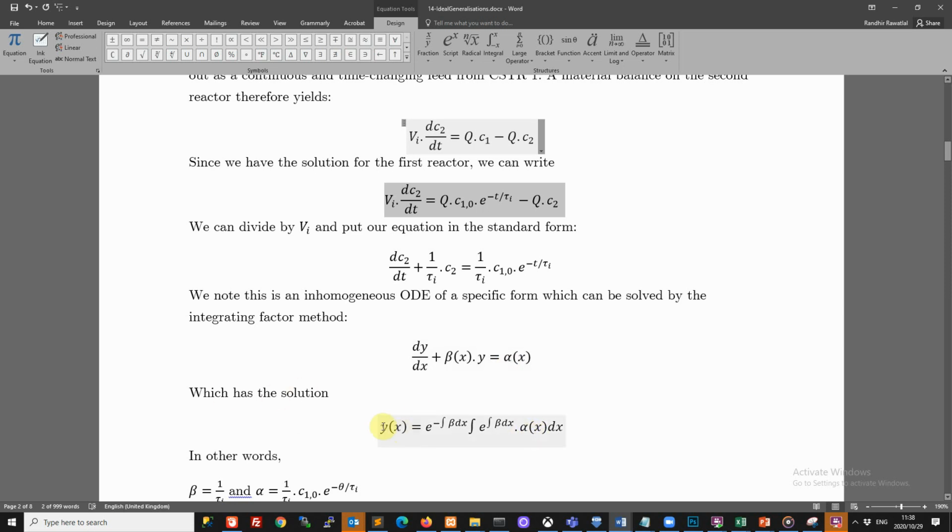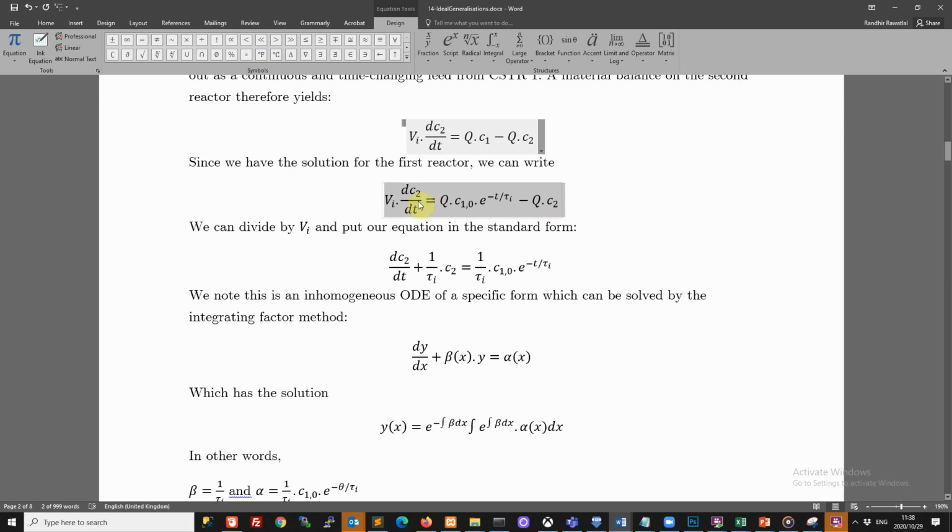So that's the solution. And if we come back to our equation, first of all, we can divide through by Vi here. So it's Q over Vi, so it's 1 over tau i in this term, and 1 over tau i in this term as well. And then we move this thing over to the left-hand side.